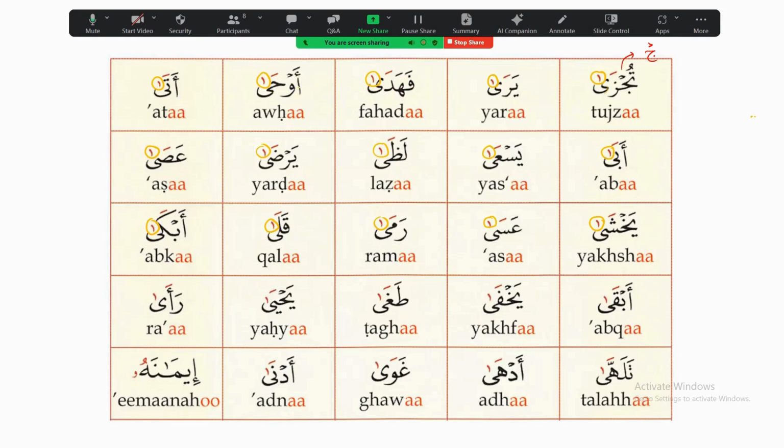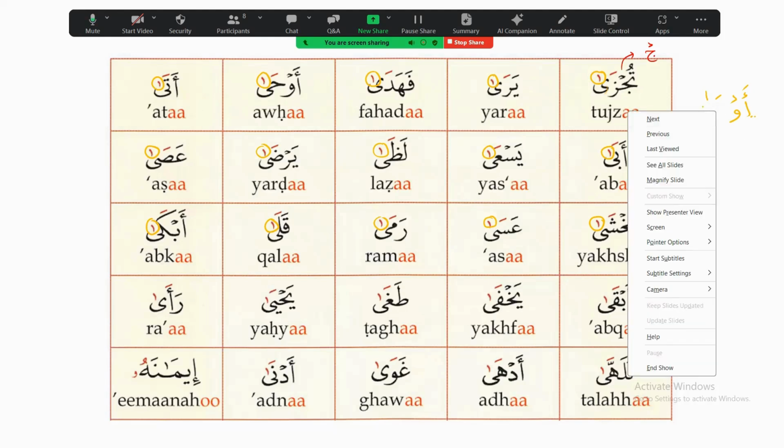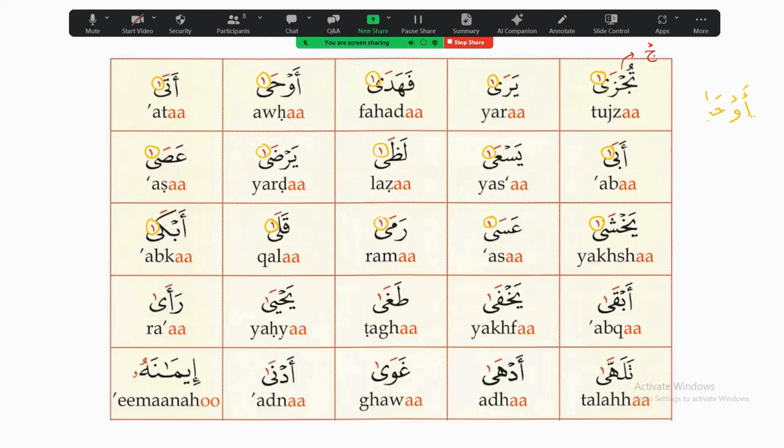The next one here is awha. Again, here it's not written like this, but rather the ha letter is attached with ya, right? And it's not written like this for us to say awhaya.